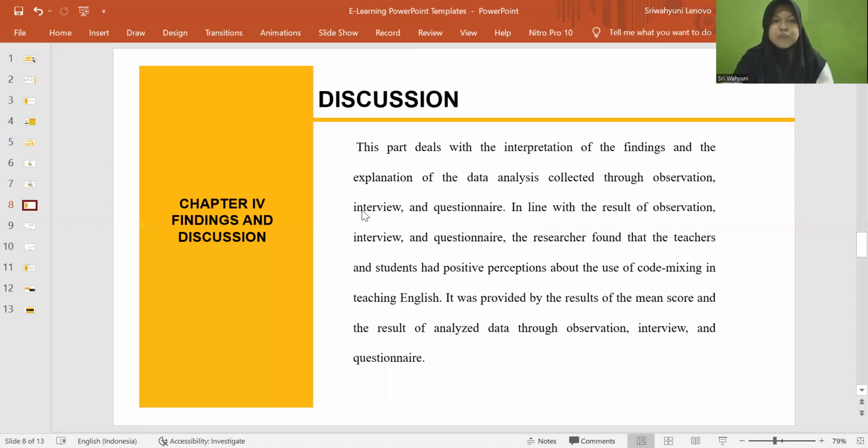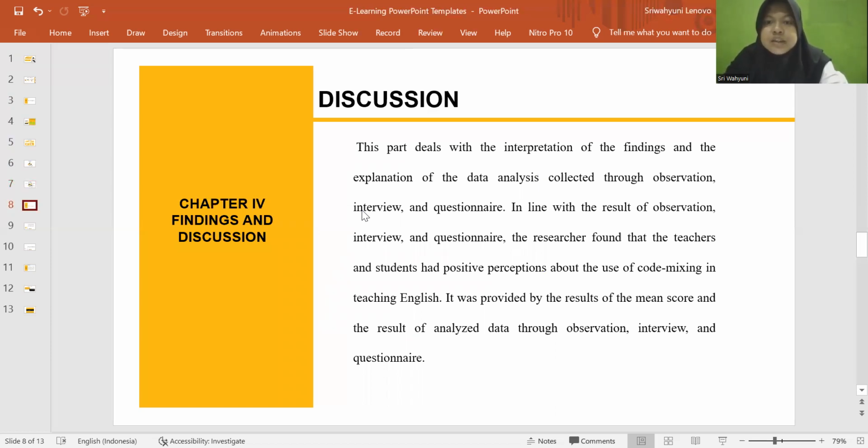Next one, we move to Chapter 5, findings and discussion. The second one is discussion. This part deals with the interpretation of the findings and the explanation of data analysis collected through observation, interview, and questionnaire.